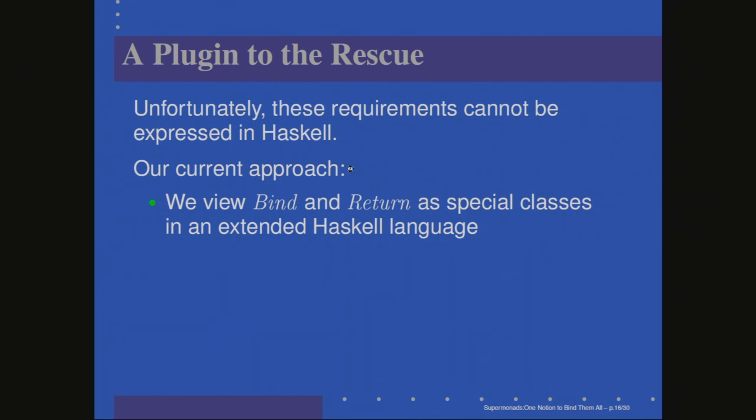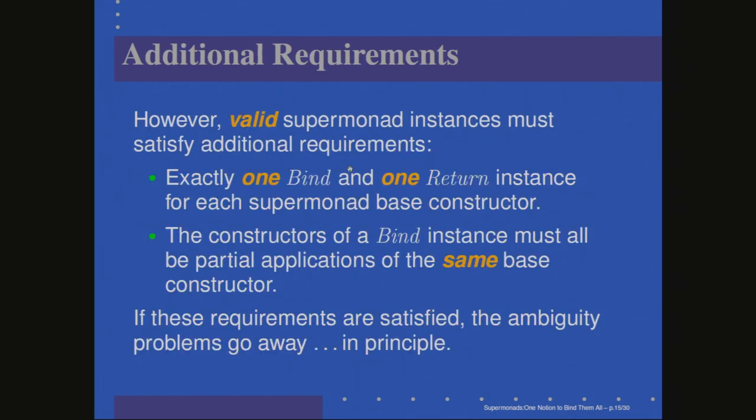Let's go back to this again, just to remind you that there has to be exactly one Bind and one Return instance for every base constructor. And when we instantiate Bind, then the constructors of Bind are all partial applications of the same base constructor. So the GHC plugin enforces this.